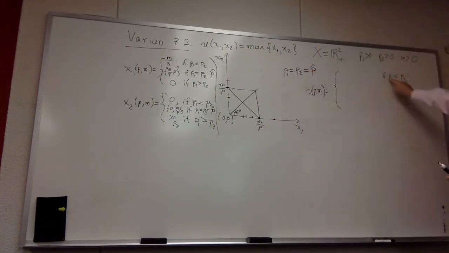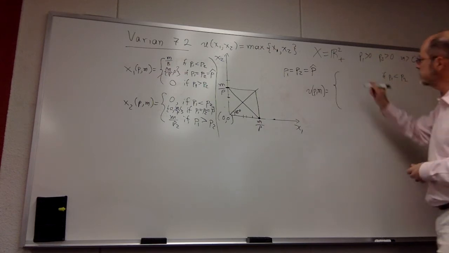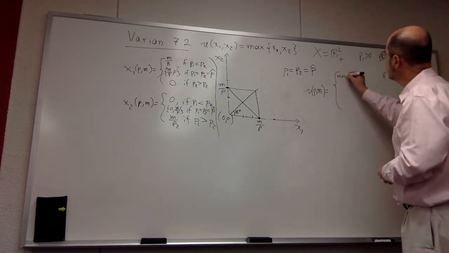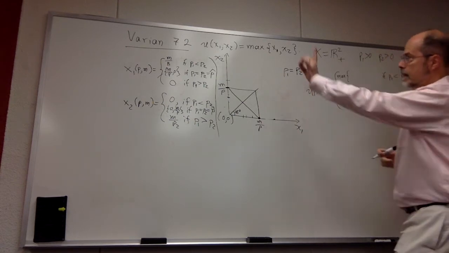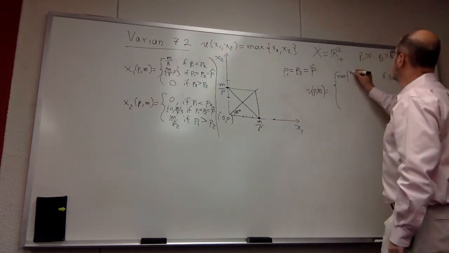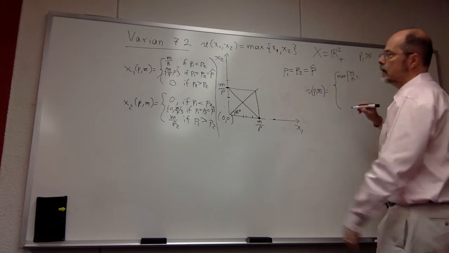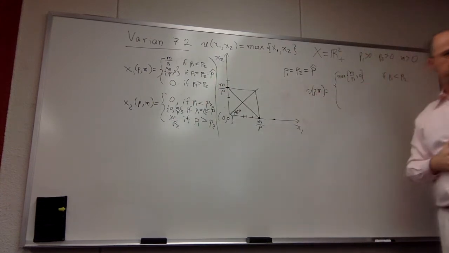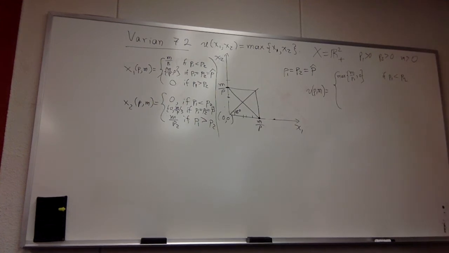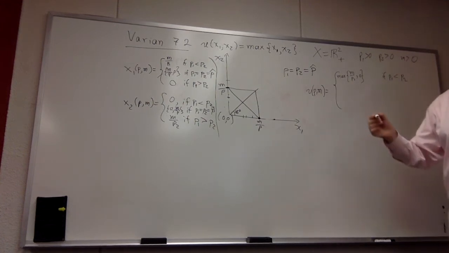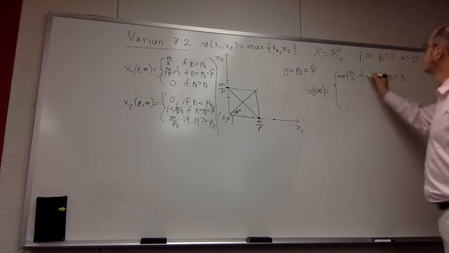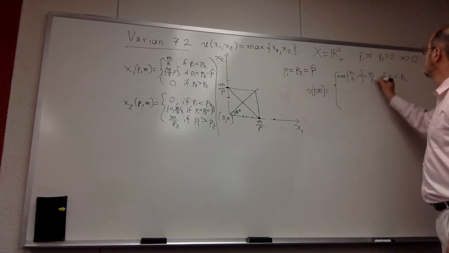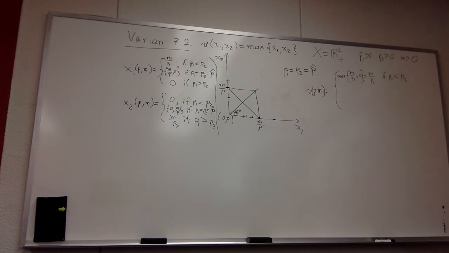So for the case of P1 less than P2, I have max of M over P1, comma, 0. Is that correct? And of course, what is the maximum of these 2 things? M over P1. Yes? All right. Now you see what's going on here?